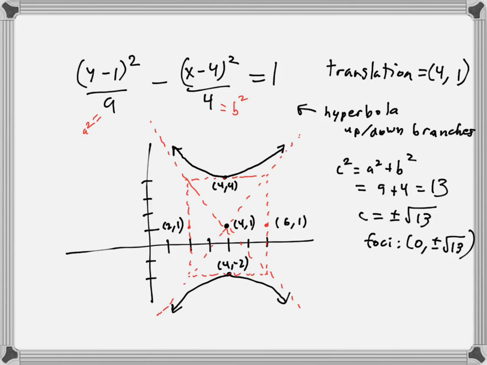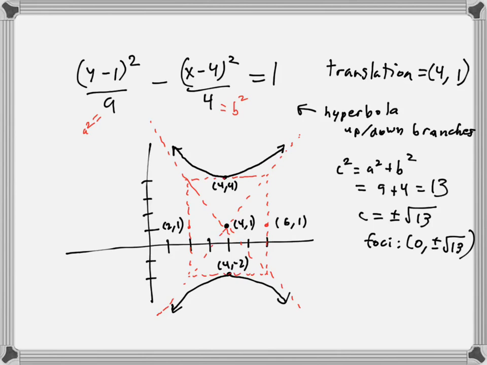Square root of 13 is, let's see here, what is it? 3.6, approximately. Is that correct? Yeah, 3.6, that's right.